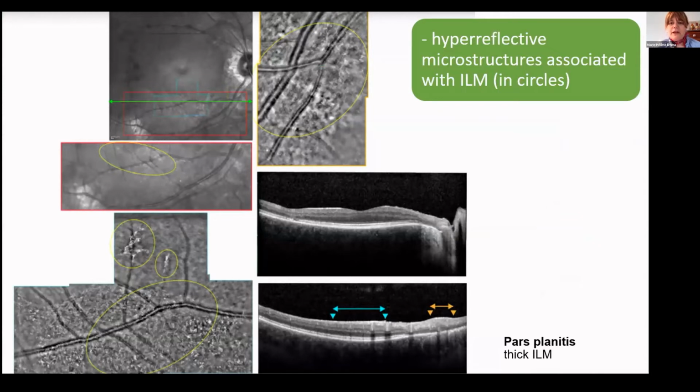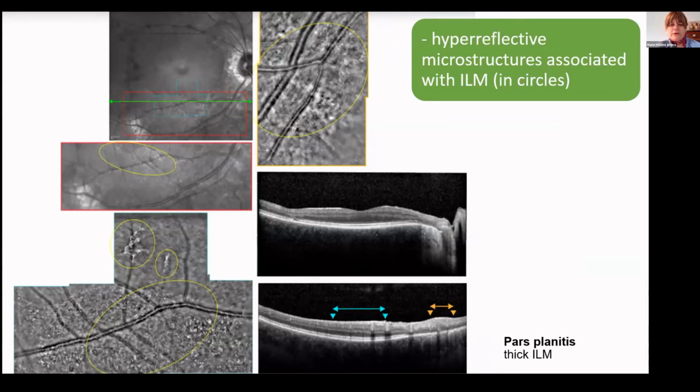This last patient had pars planitis, which is an inflammation of the vitreous and of the pars plana in the periphery of the retina with retinal vasculitis. We saw a thick internal limiting membrane on the multicolor imaging, so it was infrared here, and we see the thick ILM.